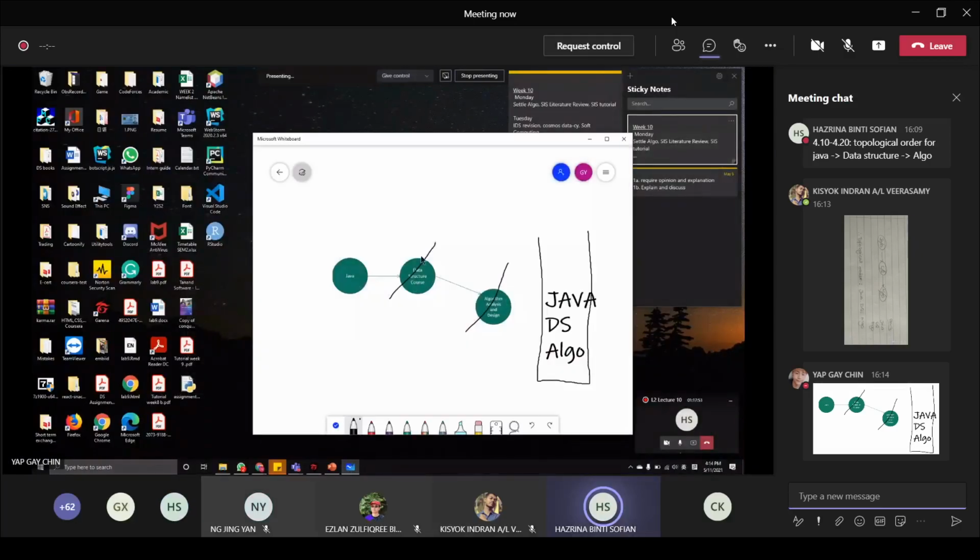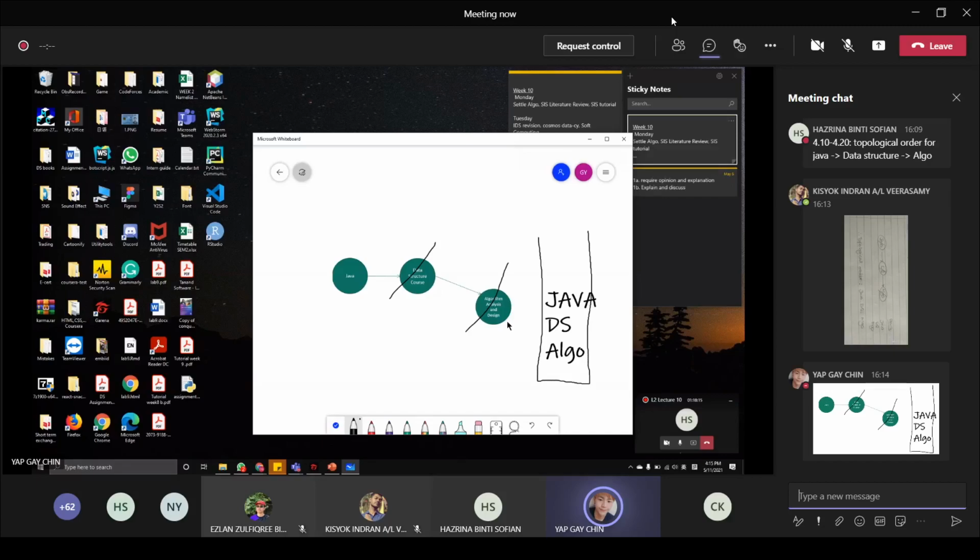No, just like this. You check if there are any unvisited nodes around it, then found data structure. Then for data structure, is there any unvisited node behind it, and go to algo. And is that algo, no unvisited nodes anymore?